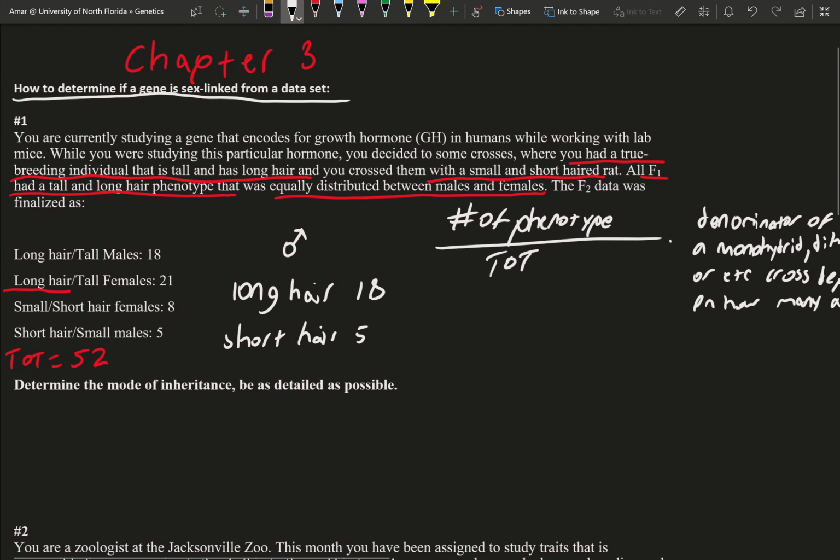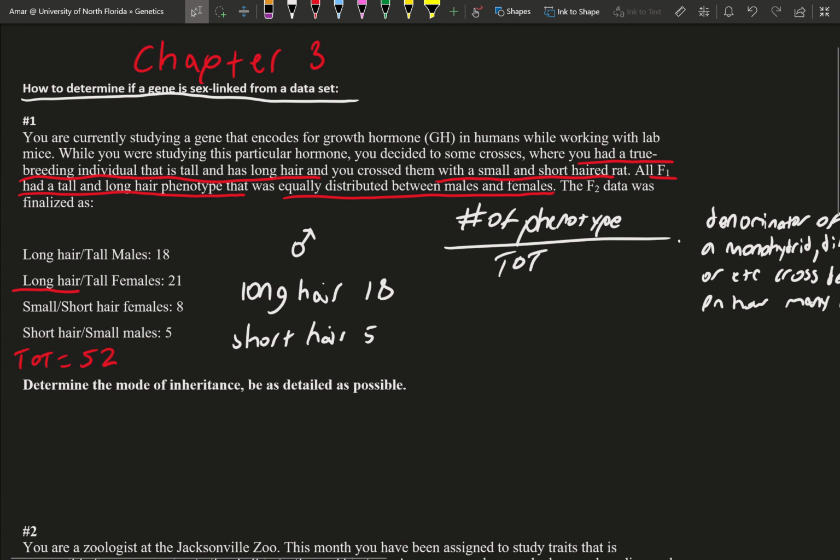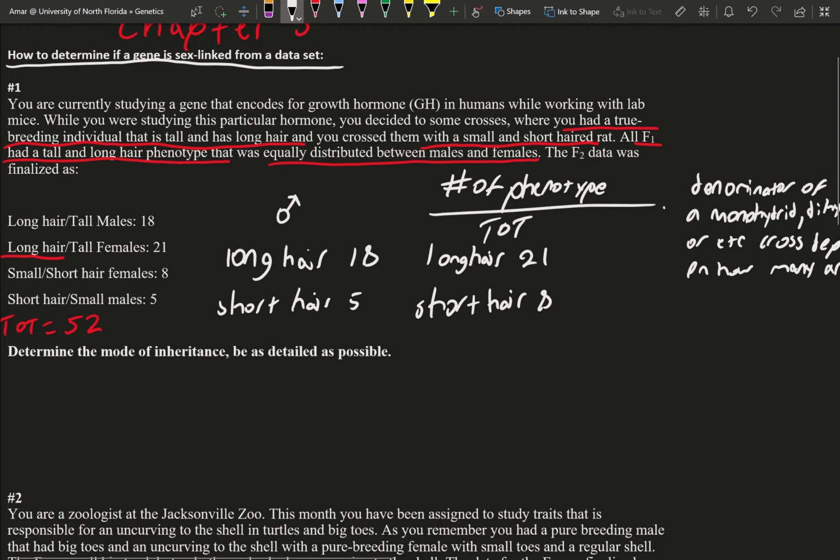And then the number of long hair females is 21. And then the short hair is 8. So this is the female.